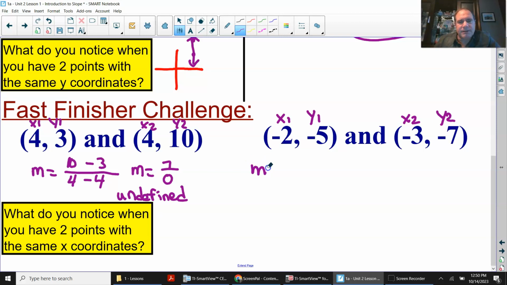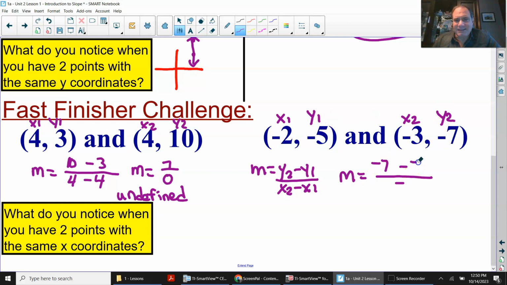So I'm going to put this slope formula down as y2 minus y1 over x2 minus x1. And then a subtraction symbol for each one. Y2 is my negative 7. Y1 is negative 5. Notice I have a double negative. I'm going to put that plus plus.